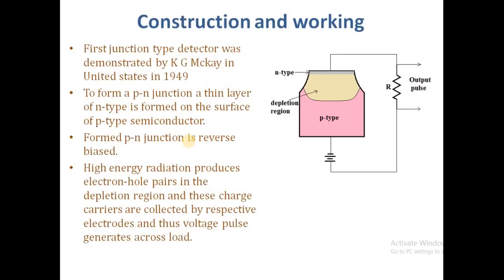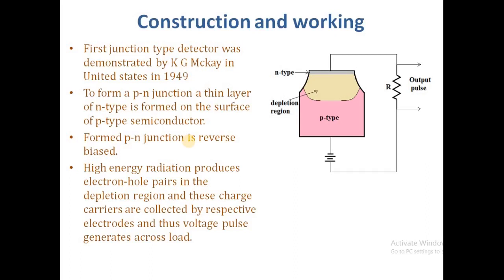Next, the second detector we are going to learn in this video is the semiconductor detector. Semiconductor detectors are also called PN junction detectors. The first junction type detector was demonstrated by K.G. Mackay in the United States in the year 1949. In his demonstration, a collimated beam of alpha particles was allowed to fall on a PN germanium junction.